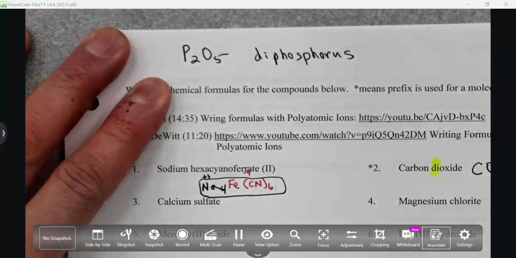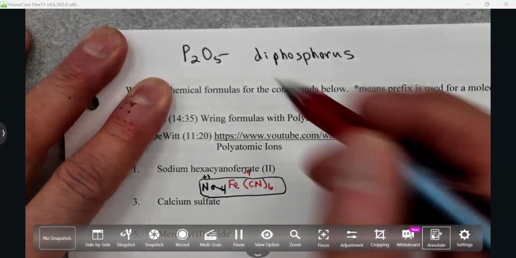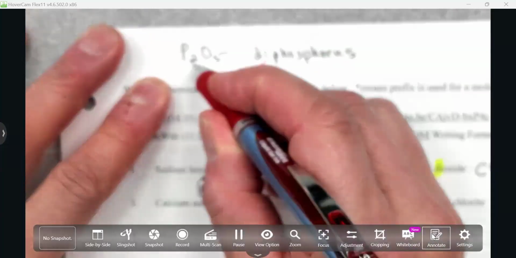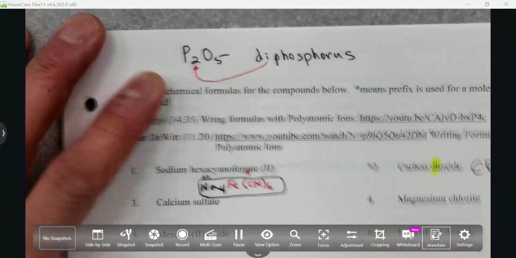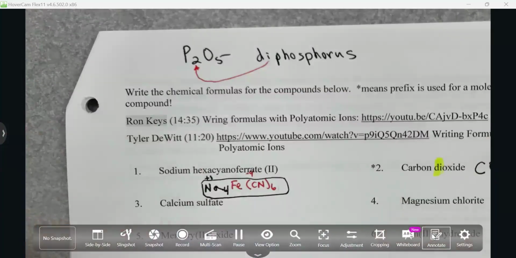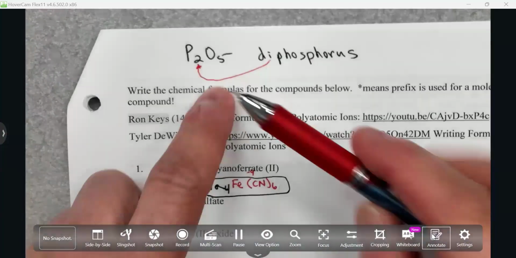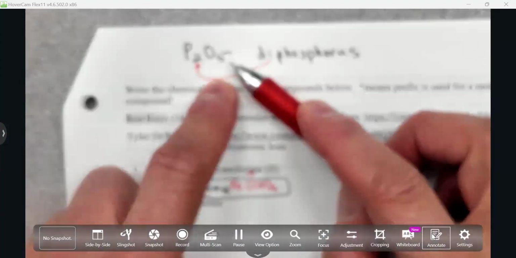This'll clear up the OWL a little bit. Diphosphorus, no problem, right? Okay. What is the O? Oxide, correct. And the prefix for 5 is penta.